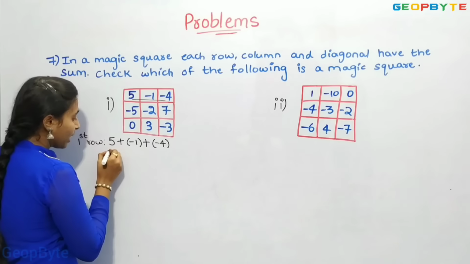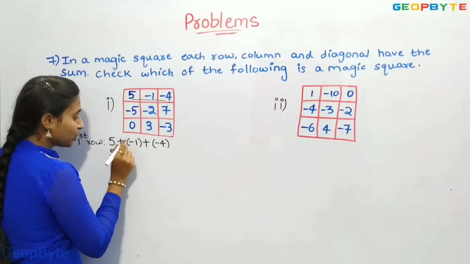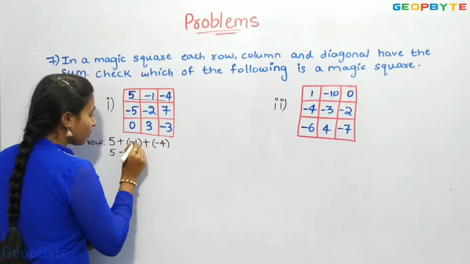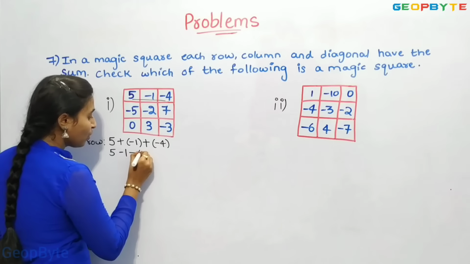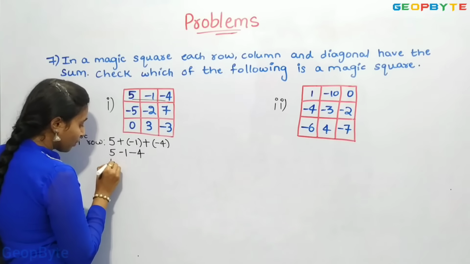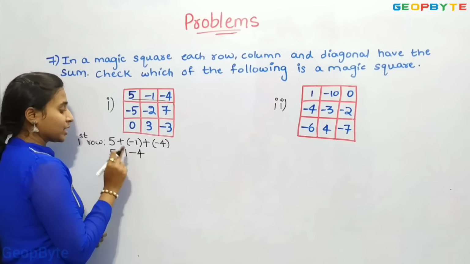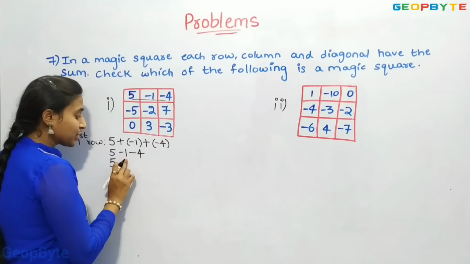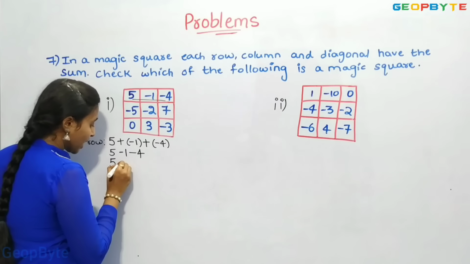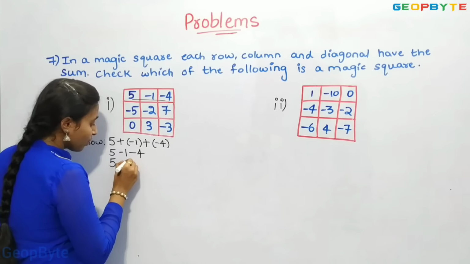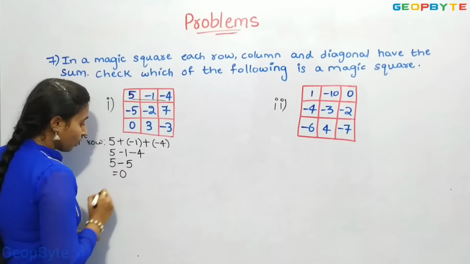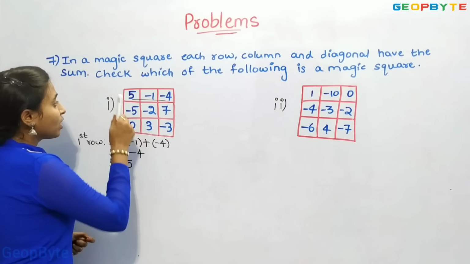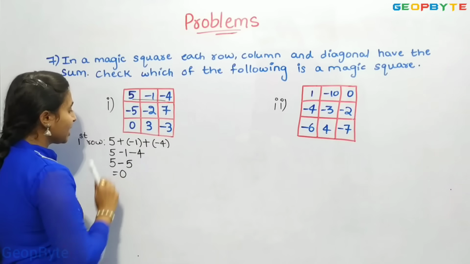Yes, 5 plus into minus, minus 1 plus into minus, minus 4. 5 minus into minus plus 4 plus 1, 5, but the sign remains minus 5. 5 minus 5 is 0.